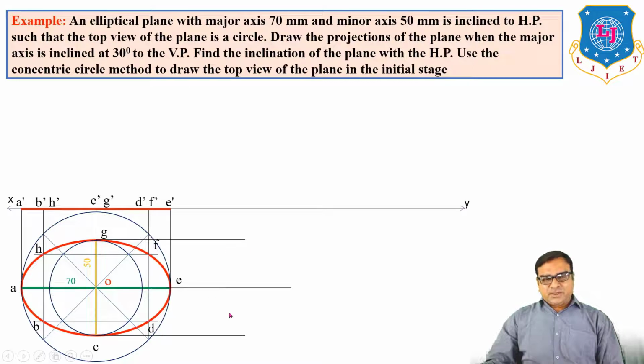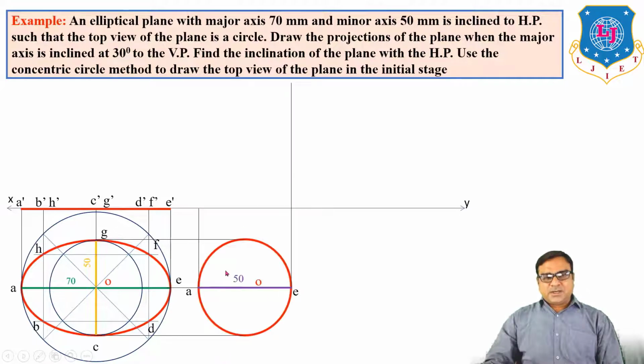So draw first the top view and then draw the front view line. Extend this A line. On that projection line you have to take A 50 mm, draw midpoint O and draw a circle, because the top view is a circle of diameter 50 mm. The front view is a line, the length of that line we know, A dash E dash.